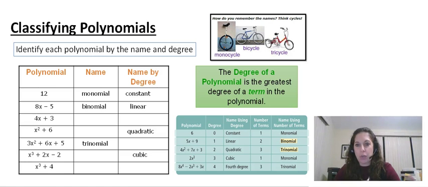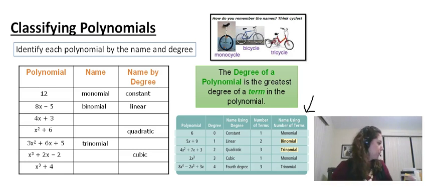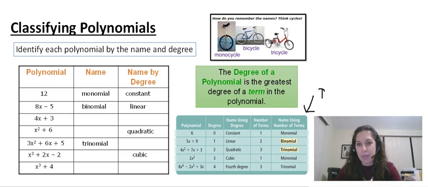This chart you can find in your book, this blue chart down here, page 475. So I'll write that in here. So page 475, and this would probably be a good thing I would copy and keep in my notes. So when you classify, let me back up for a second.